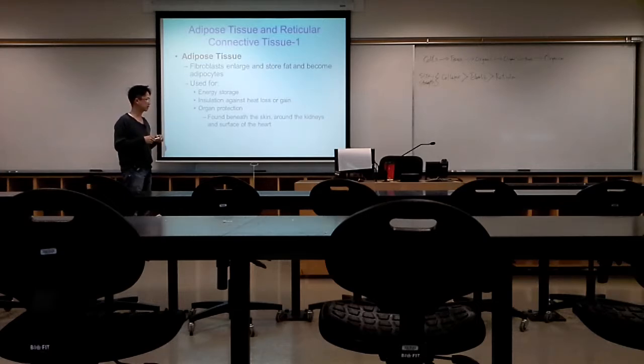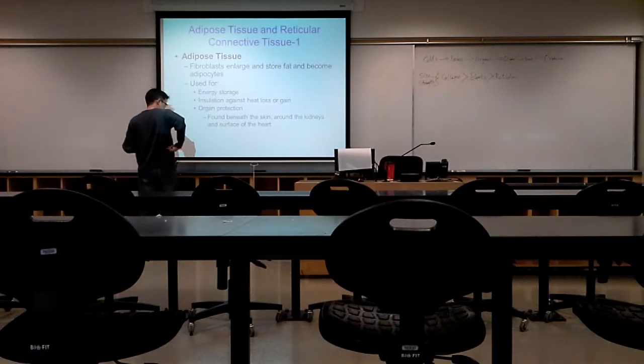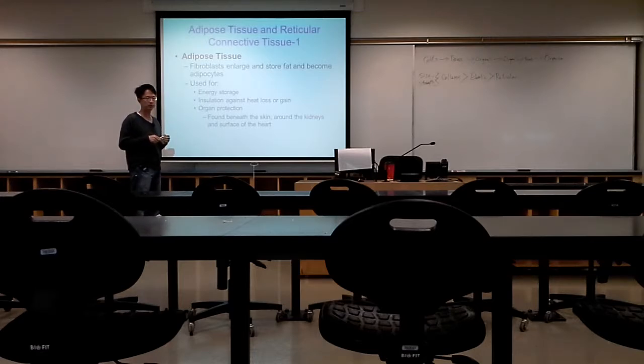And also for organ protection, for example, the kidneys. The kidneys are located at the back of our body. Our rib cage cannot fully cover the kidneys, so the kidneys are basically exposed, and there's no bone to protect them. Because of that, around that area we have a lot of fat, or you can call it love handles. So the fat tissue is the only thing that can protect the kidney from being damaged.